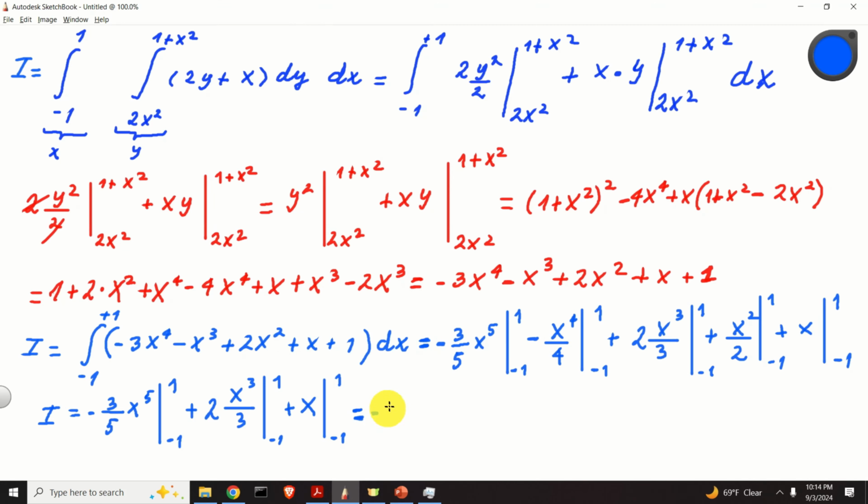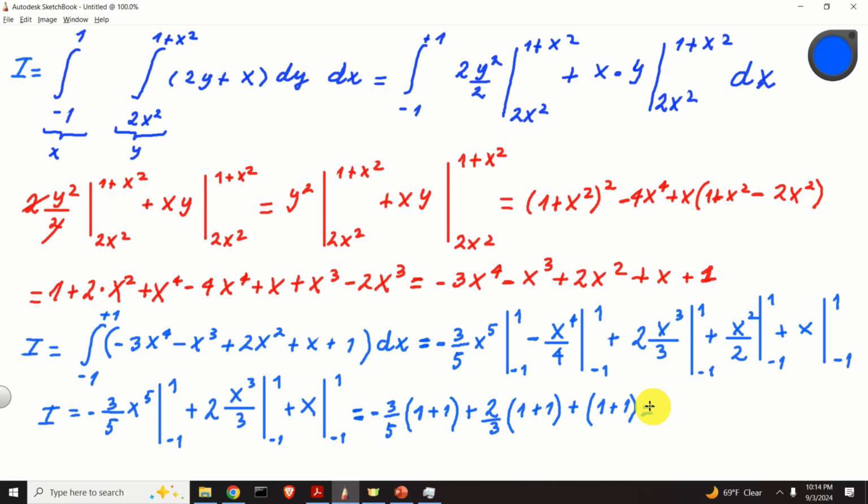We have minus 3 over 5, and what do we see over here? We have 1. We will have minus 1 becomes plus 1. Then we will have plus 2 over 3. What we will have inside, we will have again 1 minus 1 becomes plus 1, and that's it. And over here we will have again 1 minus 1, and this becomes plus 1.